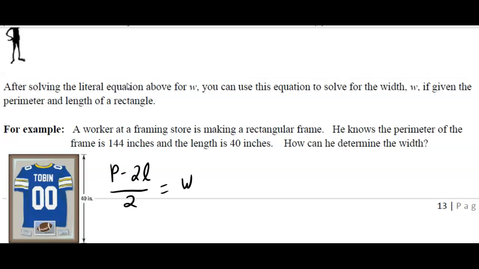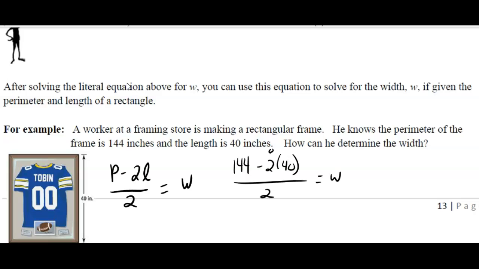Well, you would have to take your perimeter formula and solve for width, which we did, and now you just plug these in. So my perimeter is 144, and I'm going to subtract that from two lengths, so 2 times 40. And then I'm going to divide that by 2, and that'll give me my width.